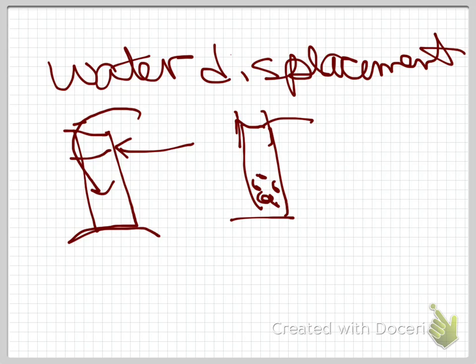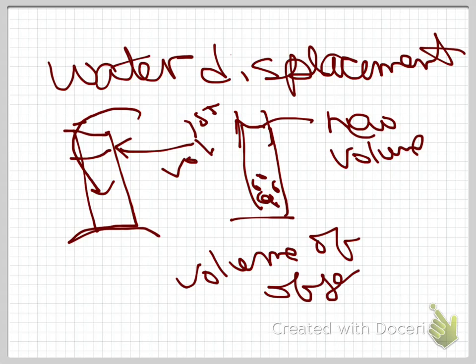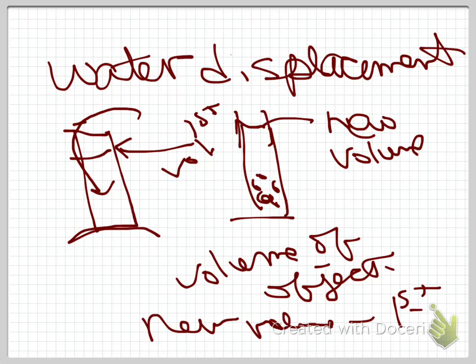Now, what is the volume of our sample? Because this is the new volume. You're going to record these two, and what are you going to do? To get the volume of the sample, you're going to subtract these two. Okay? And then you can do your density.